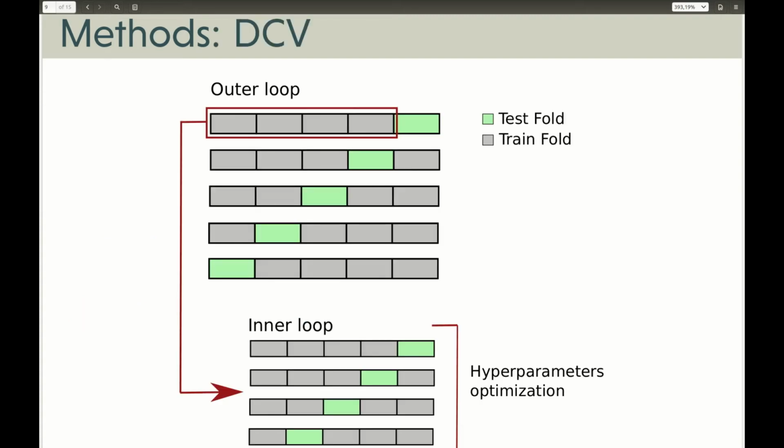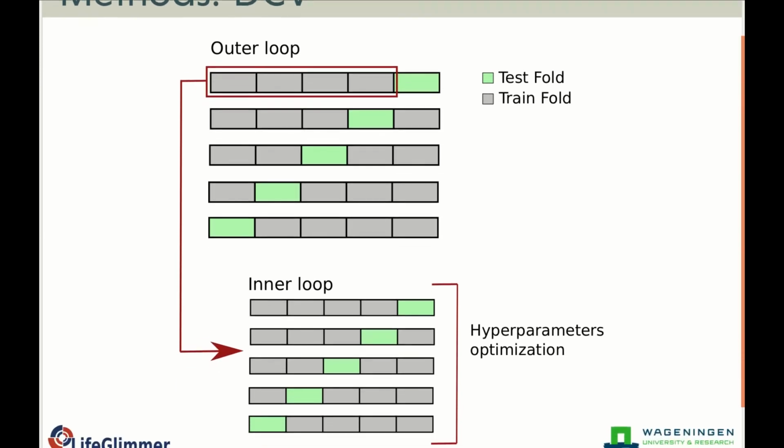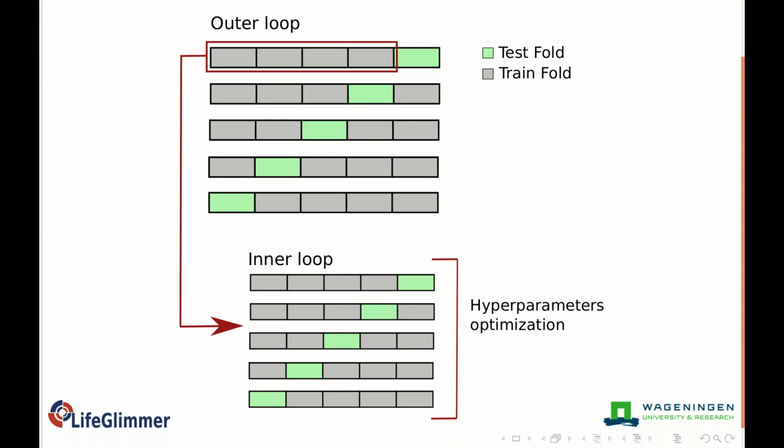The double 5-fold cross-validation works in a way that there are 2 different loops, an internal loop and an external loop, where in the internal loop we have the hyperparameter optimization, and the model obtained in this internal loop is then tested against the external test loop that we left out.